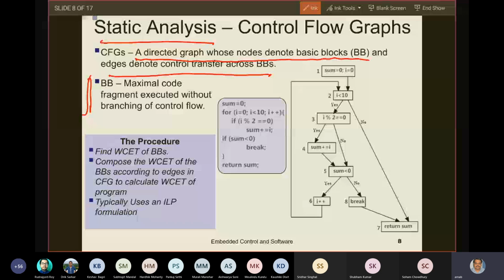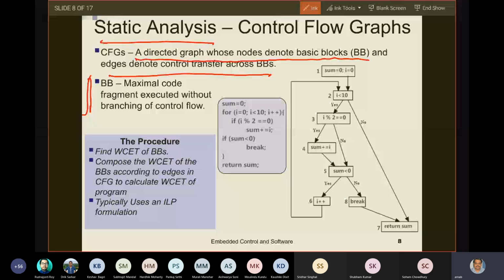Now, what is the algorithm for creating basic blocks given a program? Very simple. The first instruction of the program is always the start of a basic block. The algorithm finds out which instructions can be the start instructions of basic blocks.